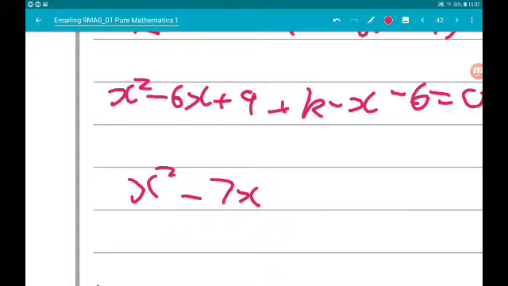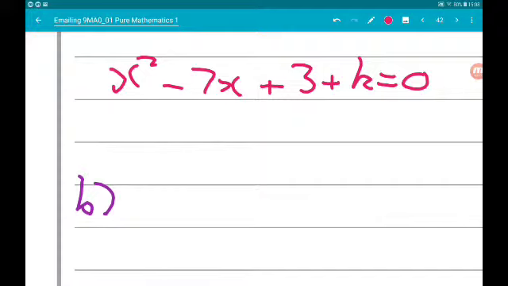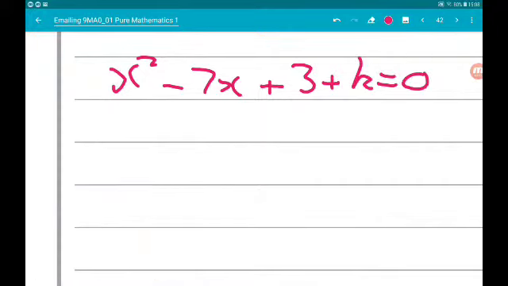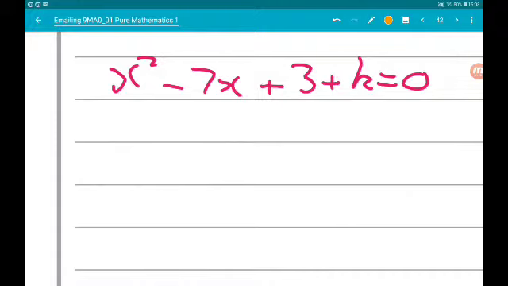So we get add 3, add k is equal to 0. Now, because there are two distinct solutions, we know the discriminant of this is greater than 0.